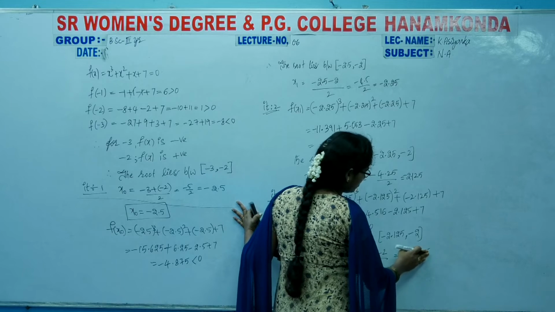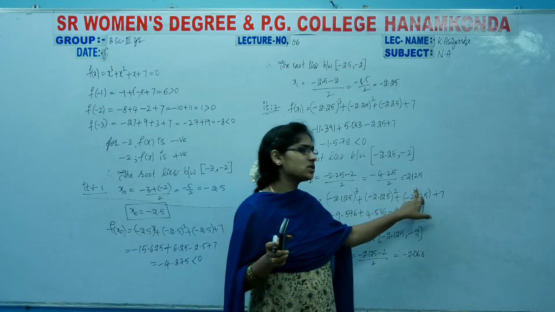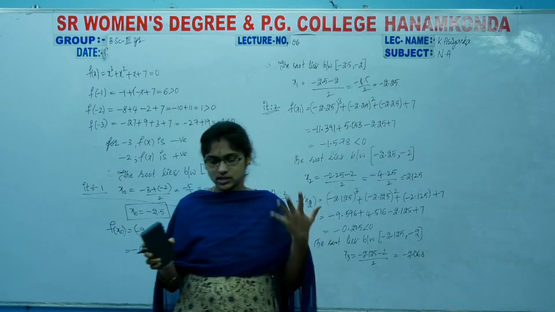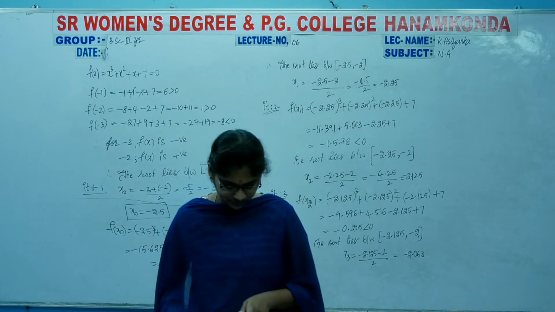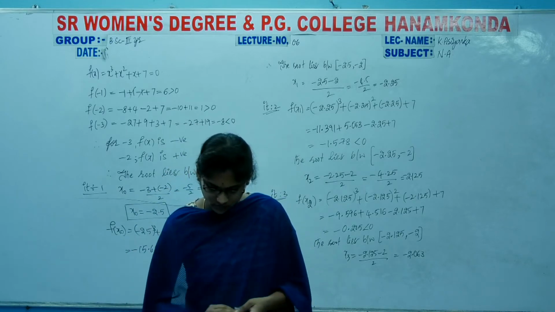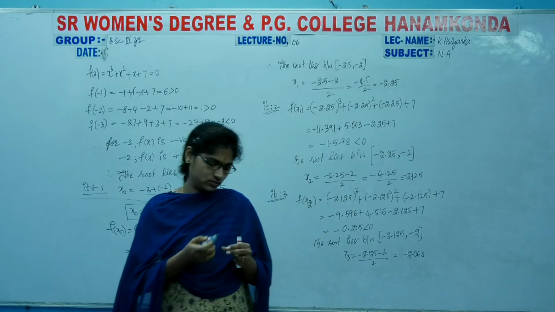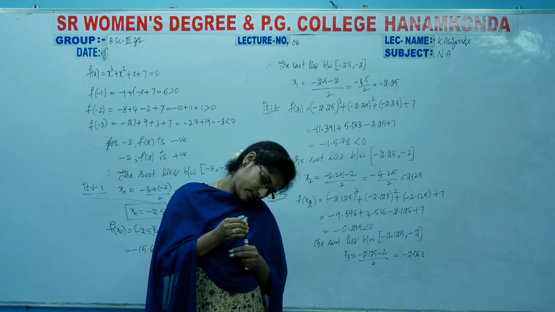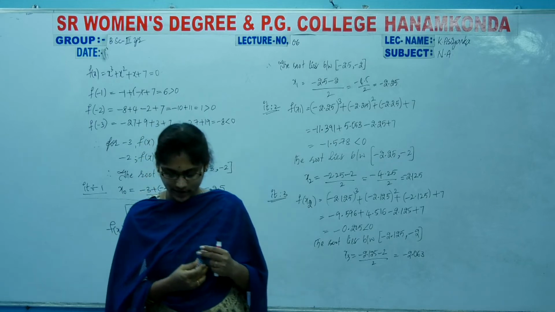So that means simply I will take it as minus 2.063. If you observe, x2 is minus 2.125, and again here I have minus 2.063, which is not similar. So again we have to go for the next iteration. For the next iteration, we have to take the help of the x3 value and substitute x3 in the function.